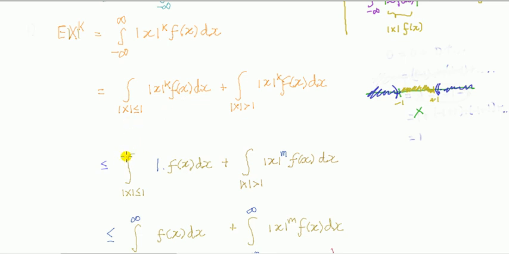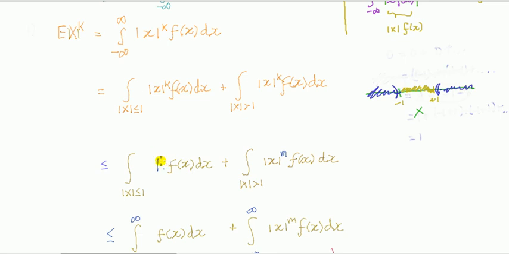So next line, see how I got my inequality, because I replace this guy by 1, because it can only be less than or equal to 1, being equal to 1 if x takes the value 1, because 1 to the power of 1, 2, 3, 4, 5, whatever, will be 1.